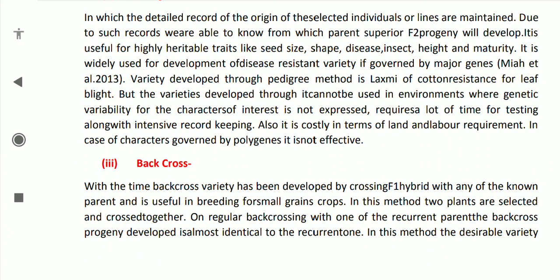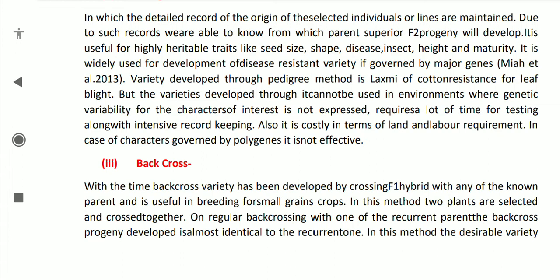Backcross. With time, the backcross variety has been developed by crossing F1 hybrid with any of the known parent and is useful in breeding for small grain crops. In this method, two plants are selected and crossed together. On regular backcrossing with one of the recurrent parent, the backcross progeny developed is almost identical to the recurrent one.